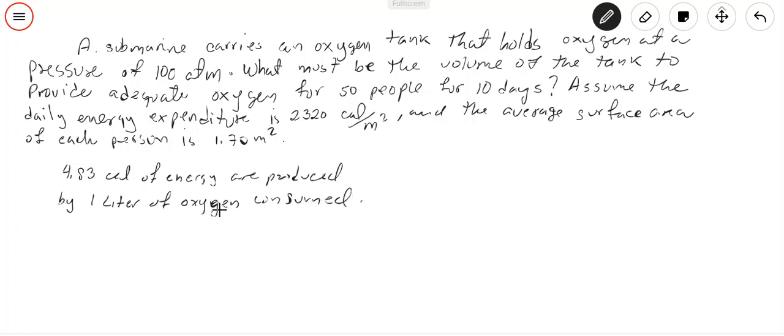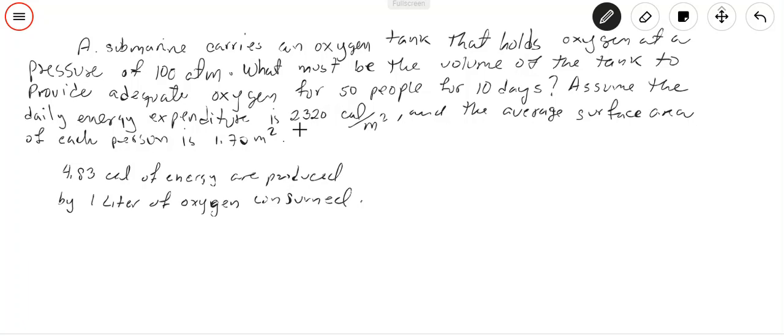So basically, to solve this problem, where we need to know the volume of the tank where we are holding this oxygen, we must find the total number of calories that are consumed by these 50 people during the 10 days.